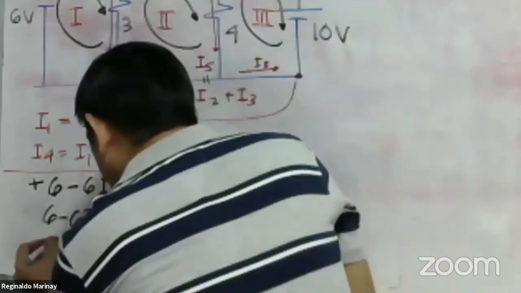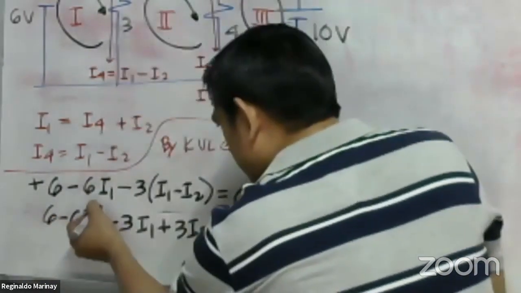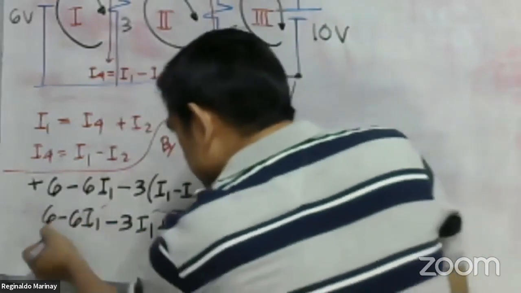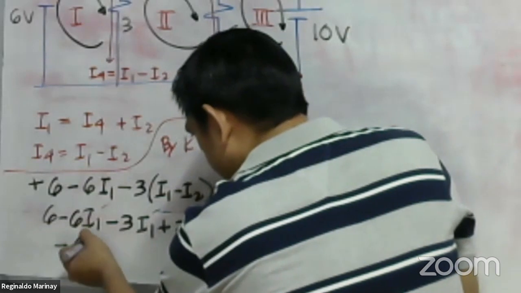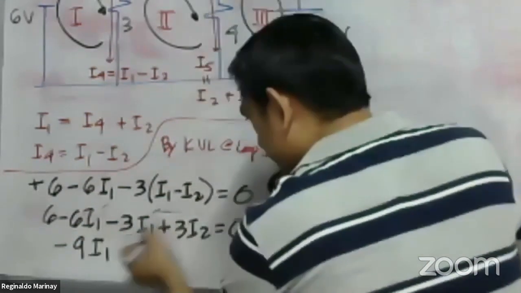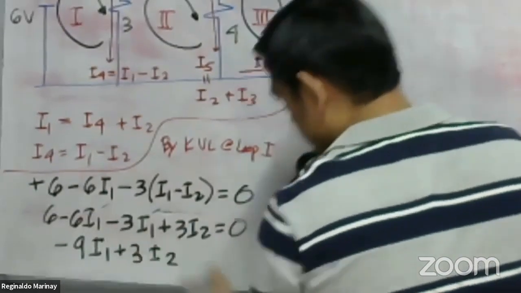Okay, let us simplify. This is negative 6 I1. We have I1 here, so that is negative 9 I1, and then we have plus 3 I sub 2.